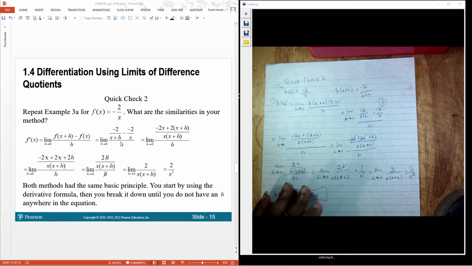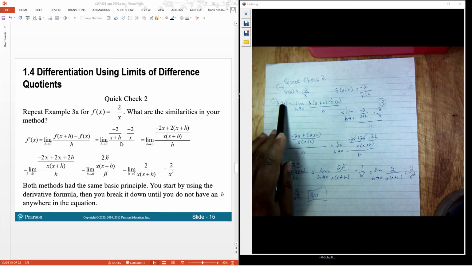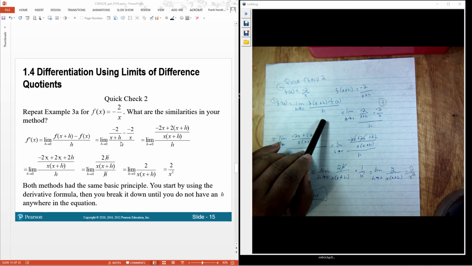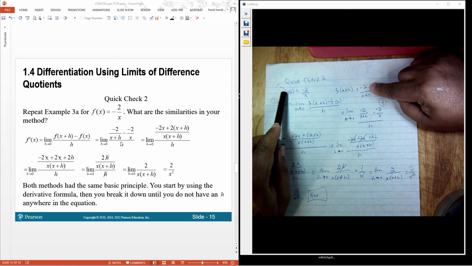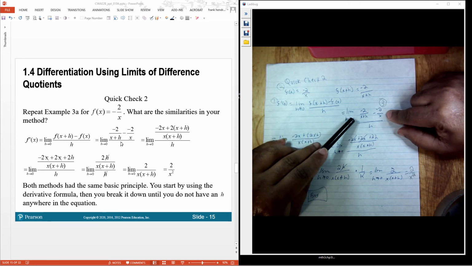In this one, they want us to find the derivative and evaluate it. So I found my derivative by writing out my formula, assigning values to my variables, and plugging in.